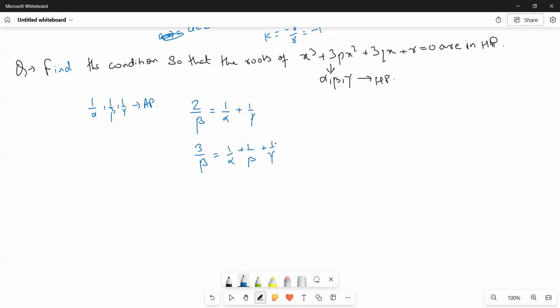But 1 by alpha plus 1 by beta plus 1 by gamma is the sum of the reciprocals. In a cubic, what is the sum of the reciprocals of the roots?